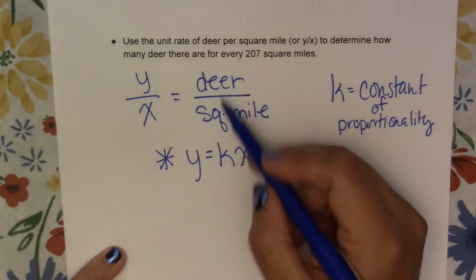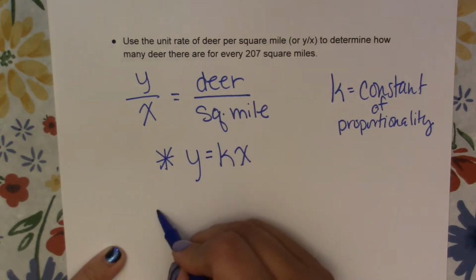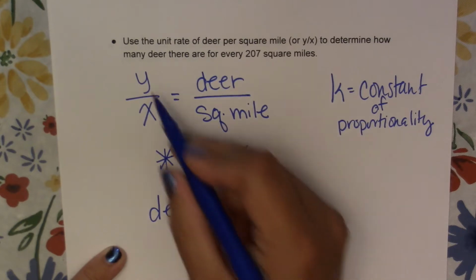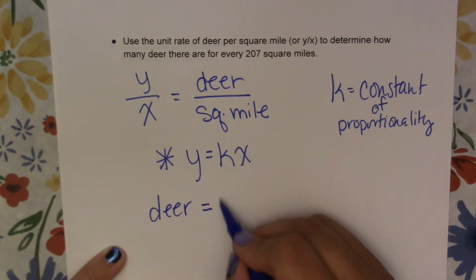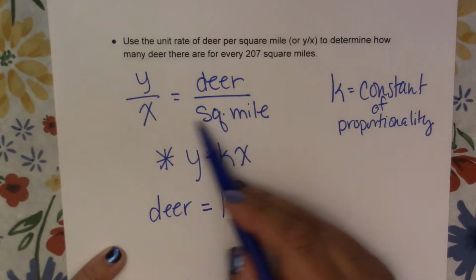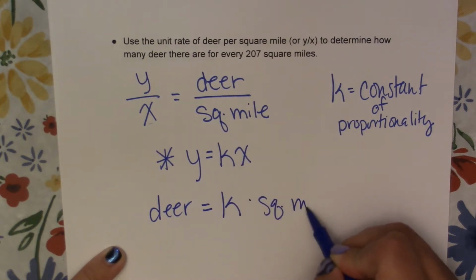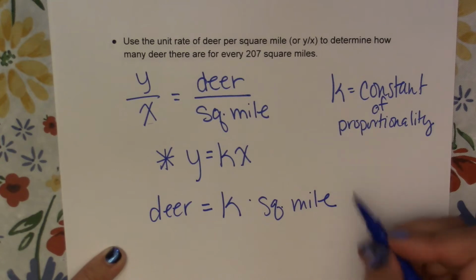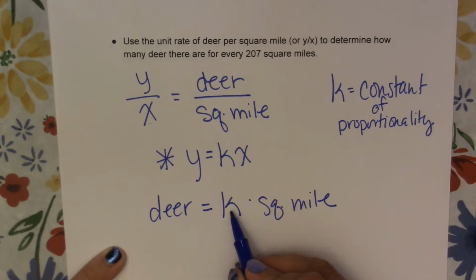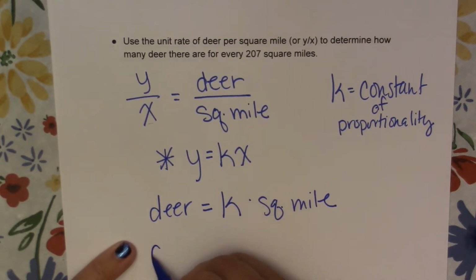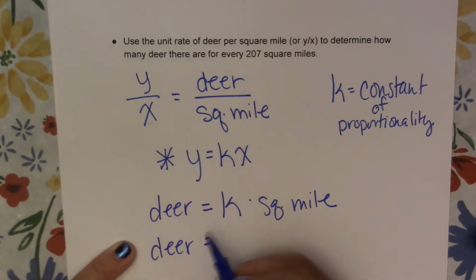All right, so for this problem, I'm going to write what it means. So my y is deer. So deer equals our constant times our x, which is square mile. Now we know that we are solving for how many deer there are.